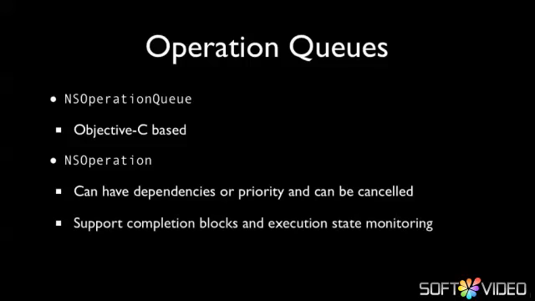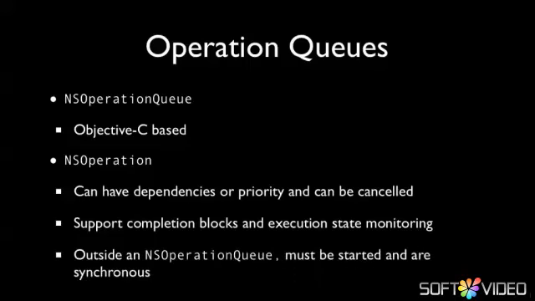And it supports completion blocks and execution state monitoring, which means we can at any point get feedback from the operation queue about whether it's running or whether it's finished. If you don't use an operation within an operation queue, you can specify an operation and you can specify it to be started, and it will by default be synchronous.